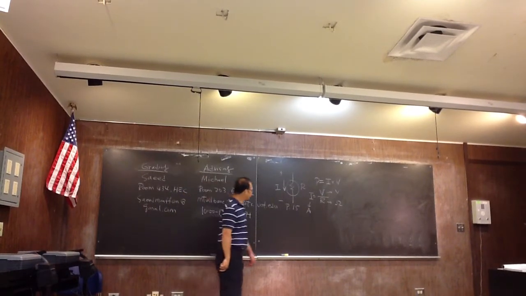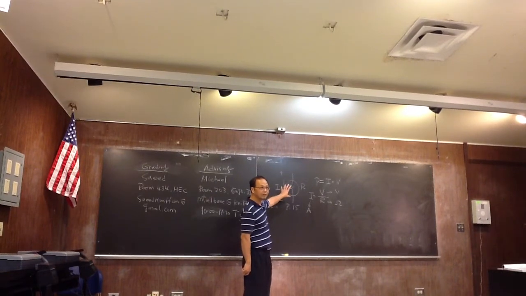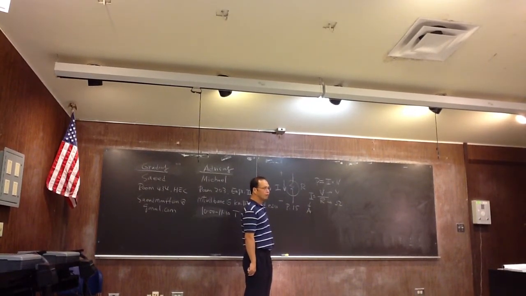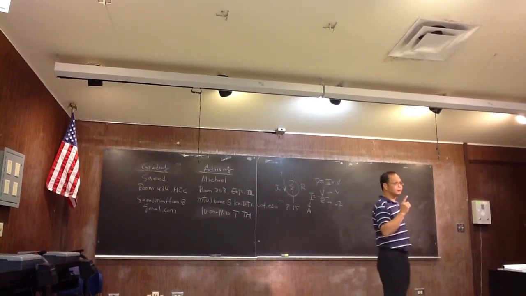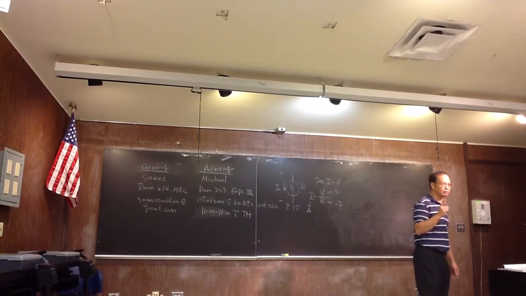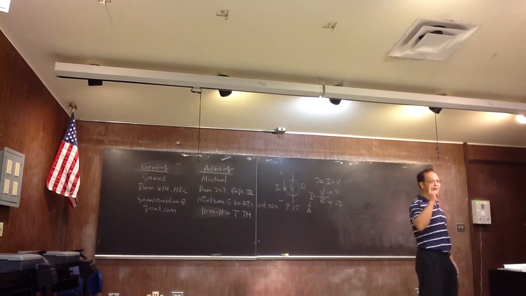So what happens if I take away the resistor? If I just have a piece of wire? Theoretically speaking, that piece of wire has 0 resistance. But in reality, that's not true. Any metal has a finite resistance, even though it's very small.